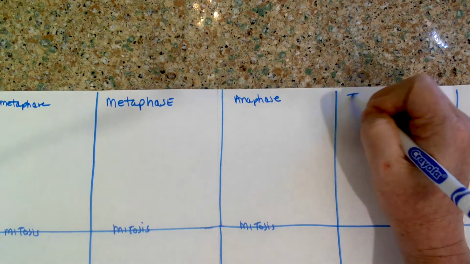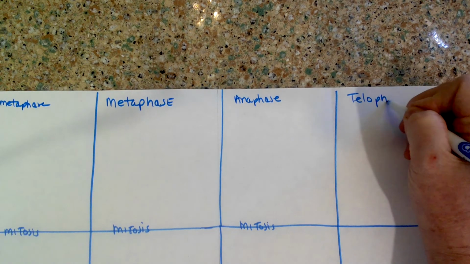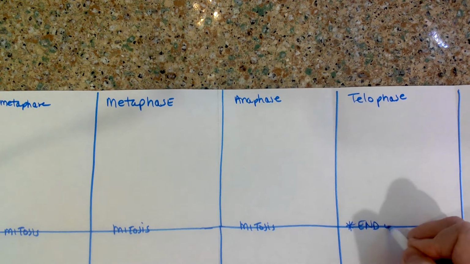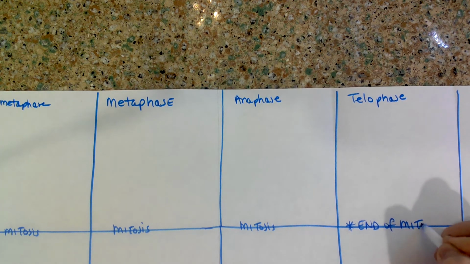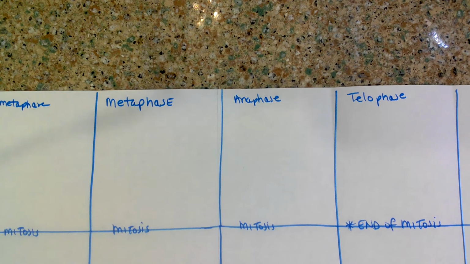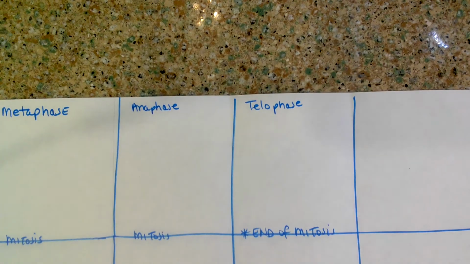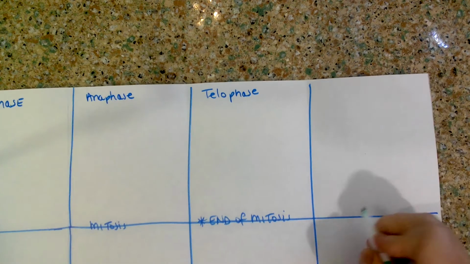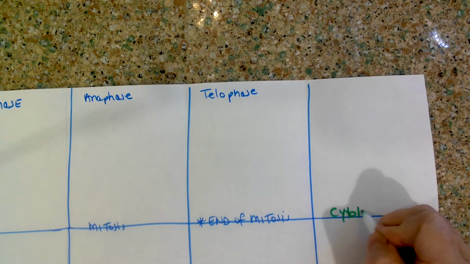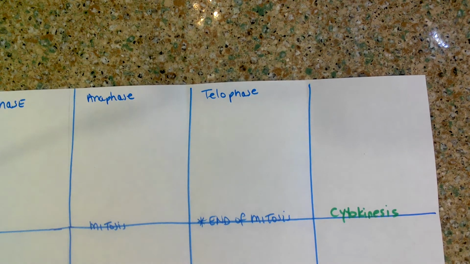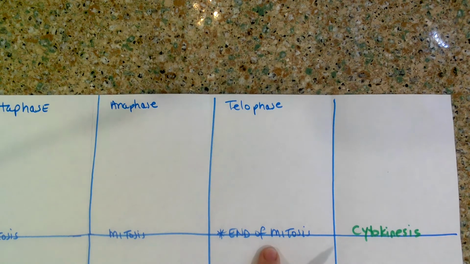And then we have telophase. And this is the end of mitosis. Okay, and the last box is for the next thing that occurs, and the last thing that occurs is cytokinesis. Okay, so there's cytokinesis at the end. It is not part of mitosis.